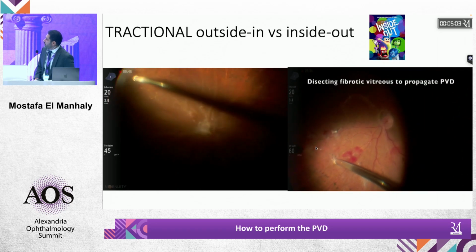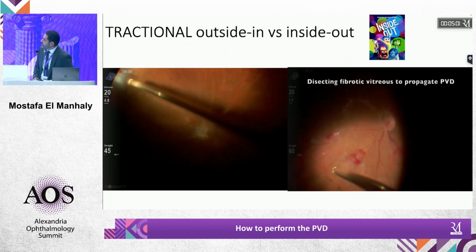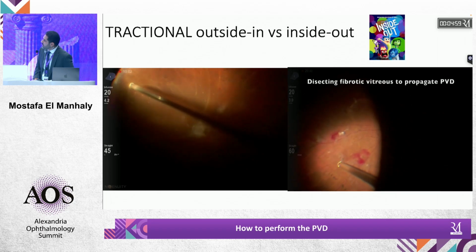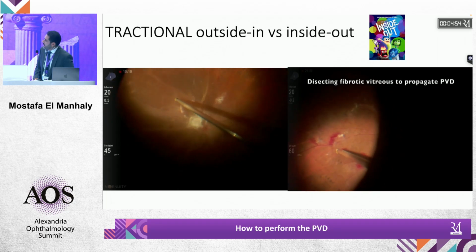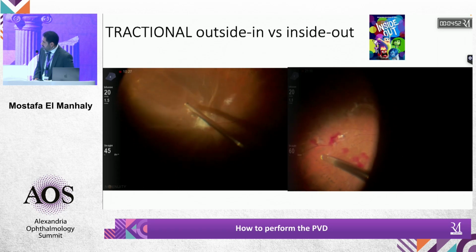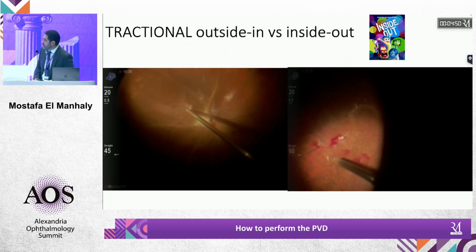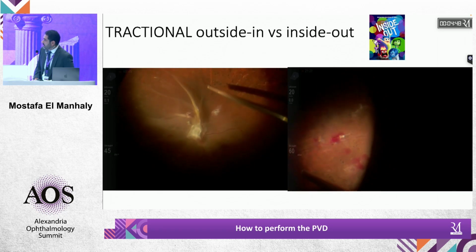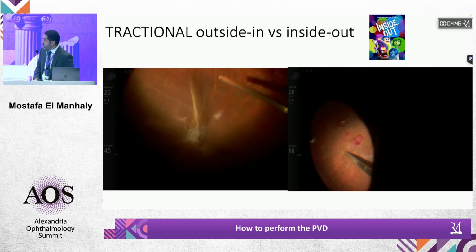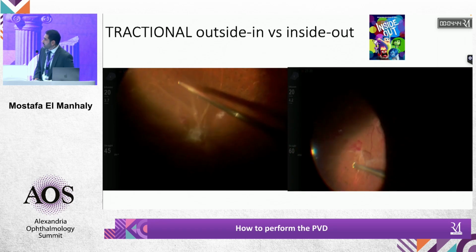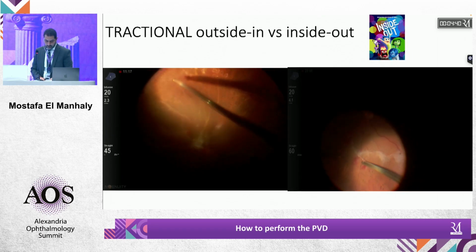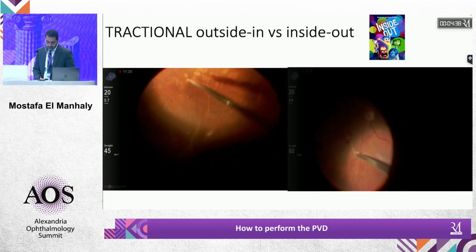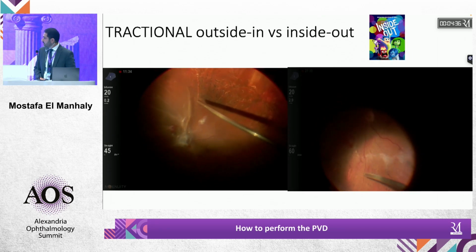Okay. So Dr. Hassan, your opinion about your approach in tractional combined rhegmatogenous? Also, it is not necessarily to start from the center to the periphery. It is according to the case. But usually I start from the center to the periphery. I would start by detaching the stalk at the optic disc, and then I proceed from the center to the periphery.